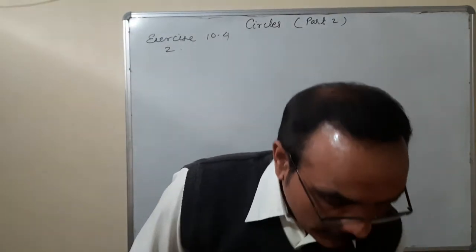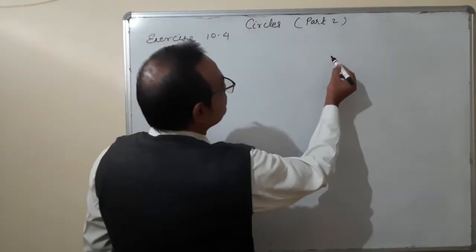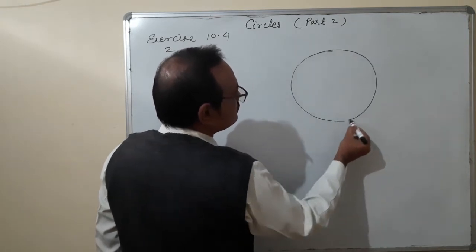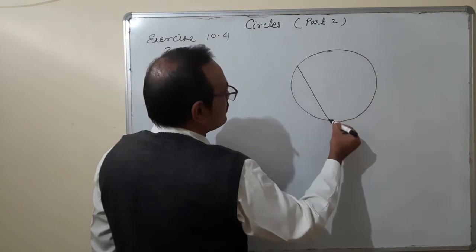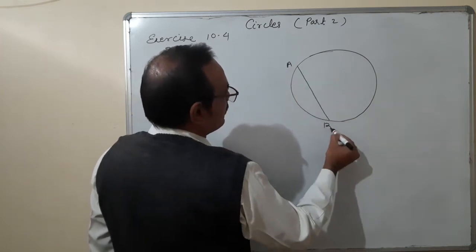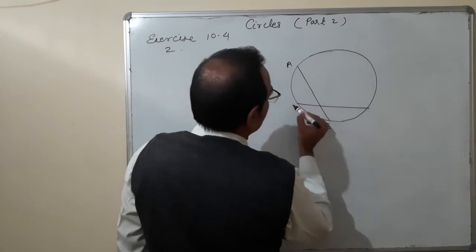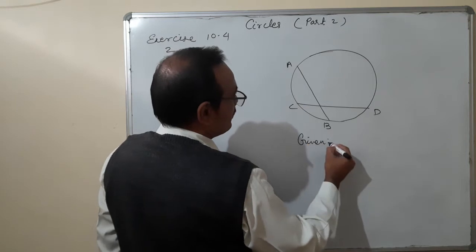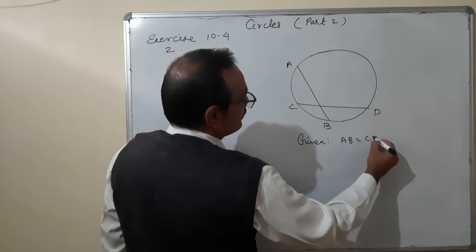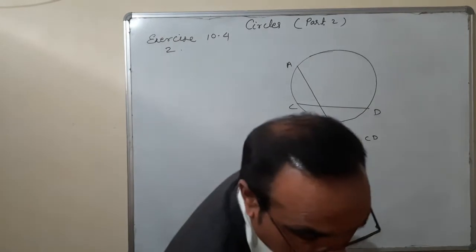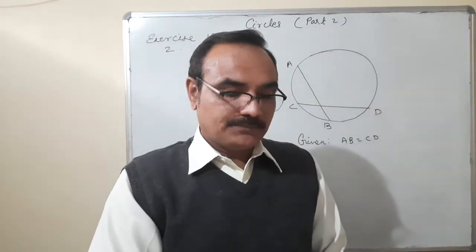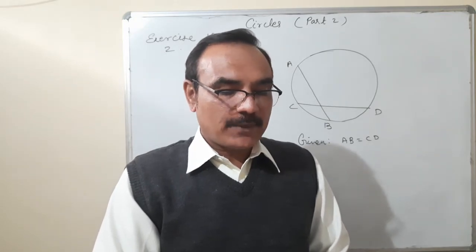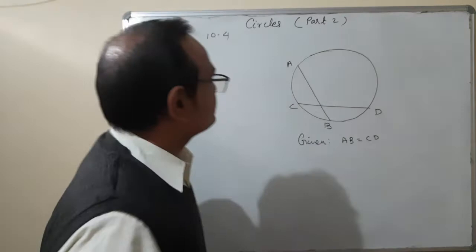Okay. Two equal chords of a circle. These are two equal chords, AB and CD. It is given that AB is equal to CD. We are going to prove that the segments of one chord are equal to the corresponding segments of the other chord.